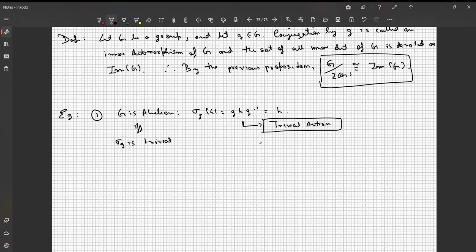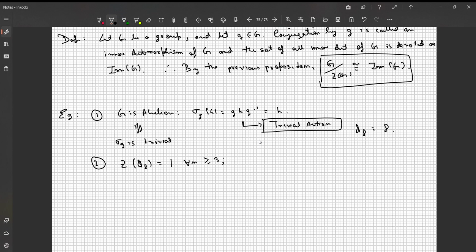Now, let us consider example number 2. Suppose you consider the group Q8. What is the center of Q8? The center of Q8 is generated by -1, for all n greater than or equal to 3 we are considering. Now, what is the number of elements in Q8? We have 8 elements.